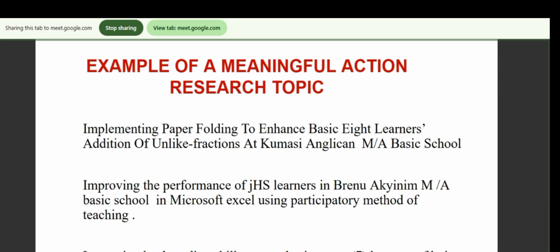I was saying that before you choose an action research topic, you must focus on your specialization. So this example that I'm giving here, implementing paper folding to enhance basic 8 learners' addition of unlike fraction at Kumasi Anglican MA Basic School.